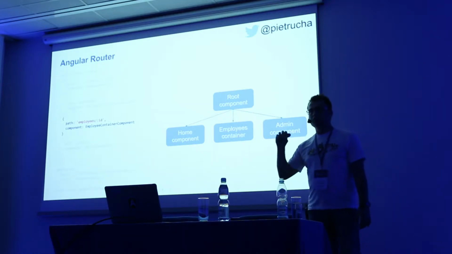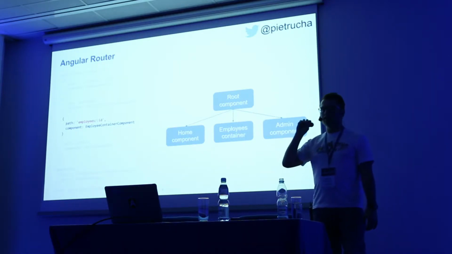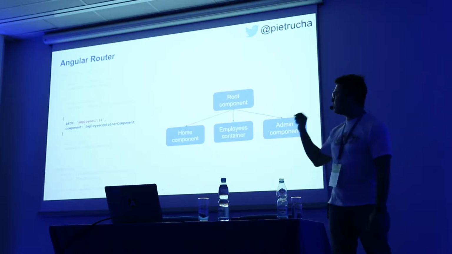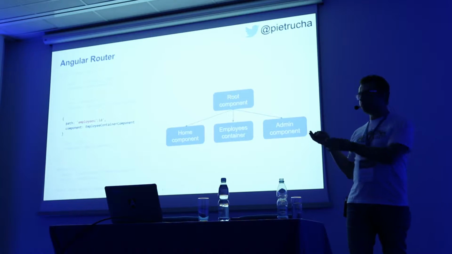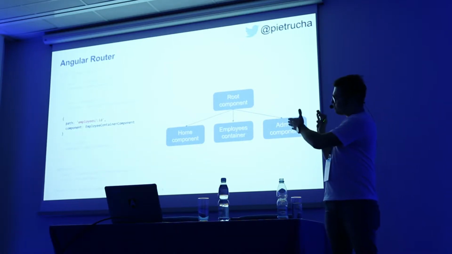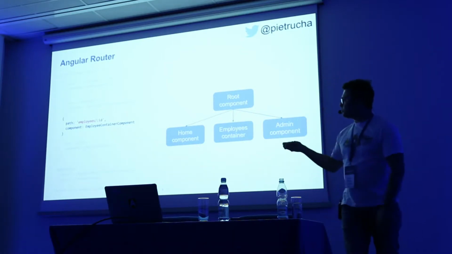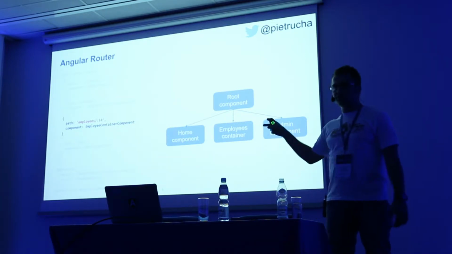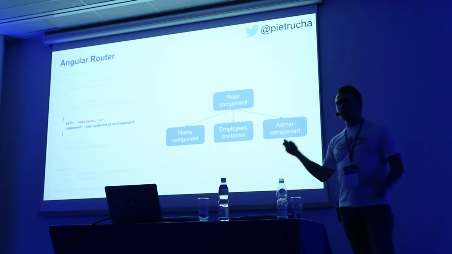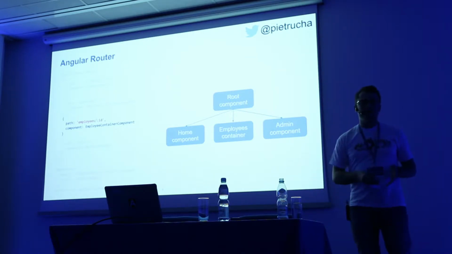You need to pass a pair: a path, under which you have some pattern, because you see that we have employee / colon and ID, which is a variable, and then you say which component should be used in this route.